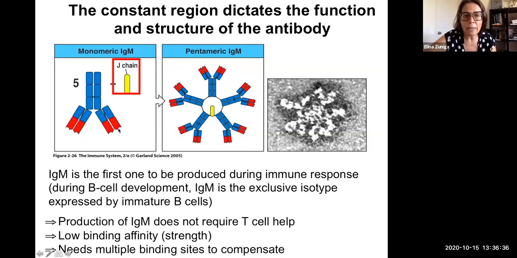And so while the affinity, the strength with which each IgM molecule binds to the antigen, is very low, the combined strength of these 5 IgM molecules that are brought together is much higher, okay?